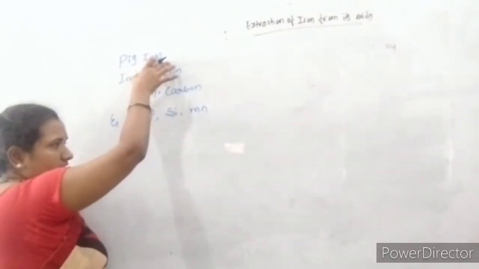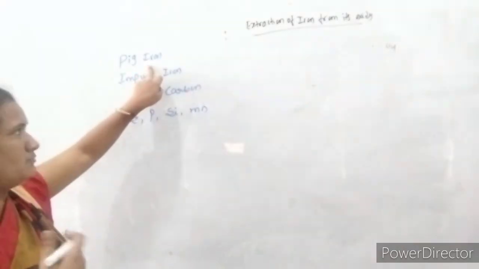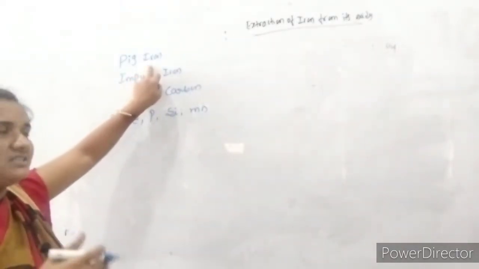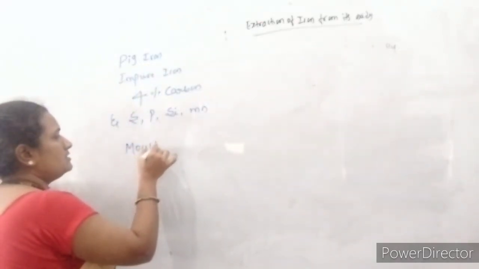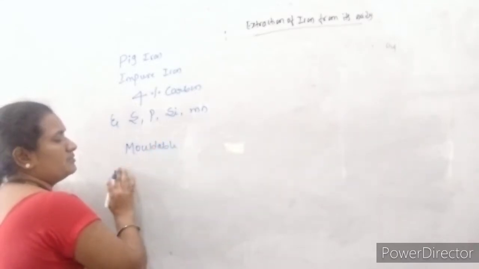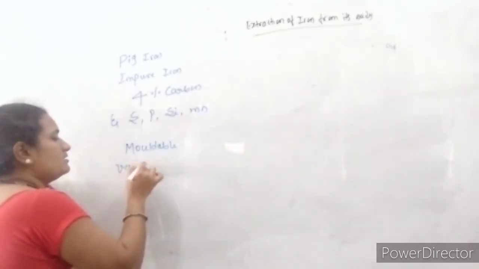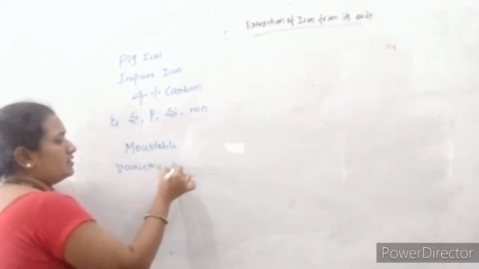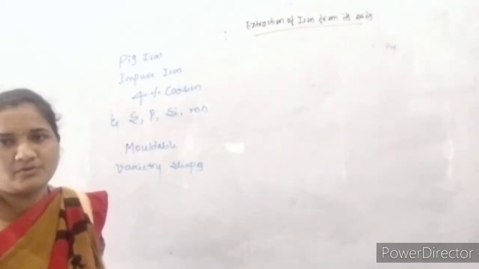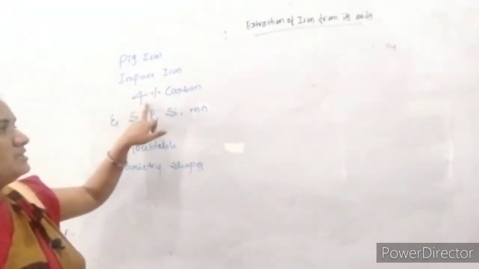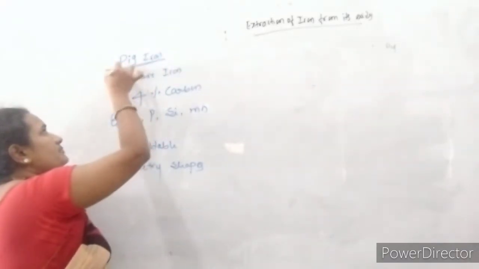But this pig iron is very moldable, so we can get it in whatever shape we want. We can convert it into a variety of shapes, but it is in an impure form because it contains 4% carbon.